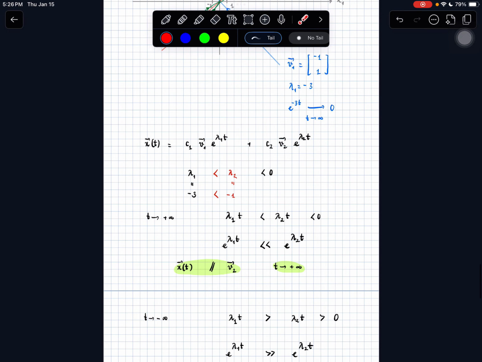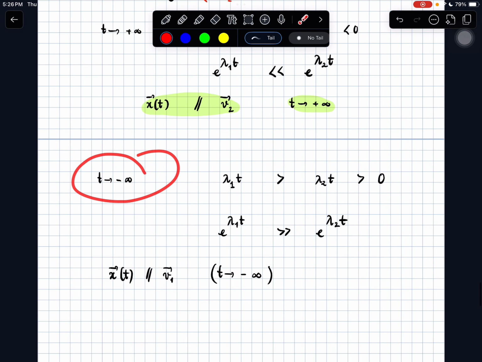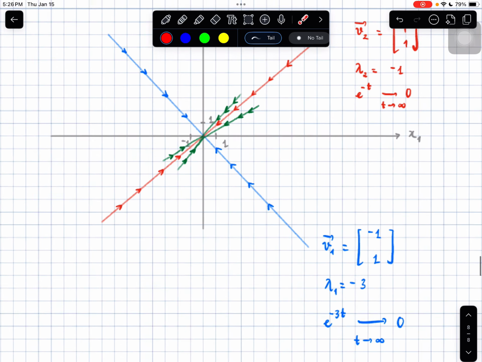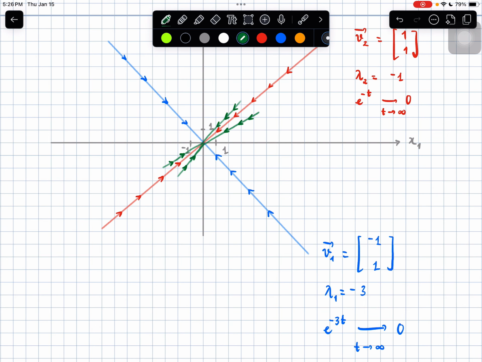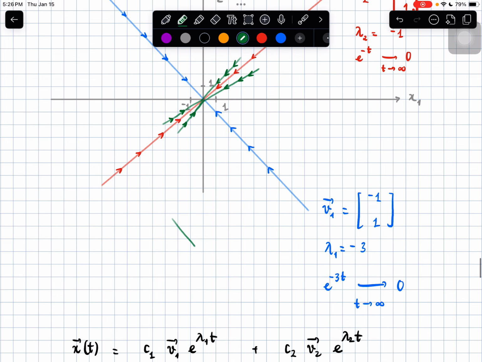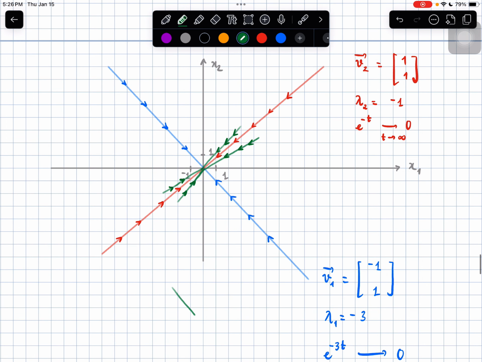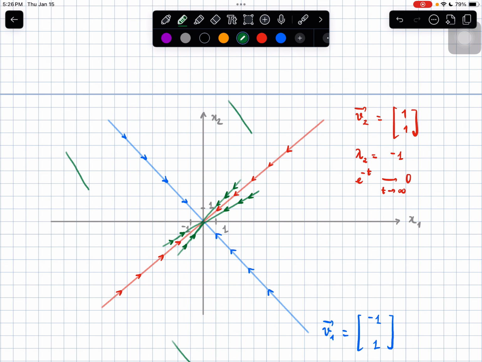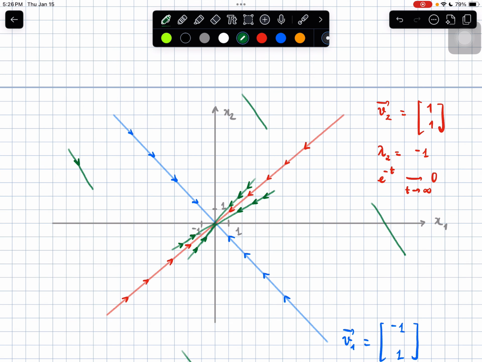When t is minus infinity, the solution x(t) is parallel to v1. So in this direction, parallel to that, same on the other side, parallel to v1. This goes into the origin, parallel to v1.